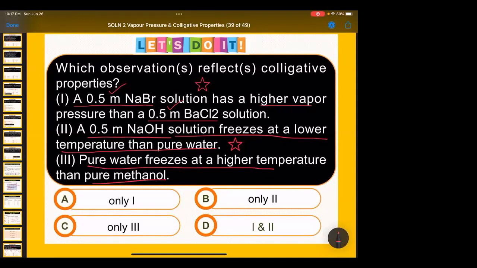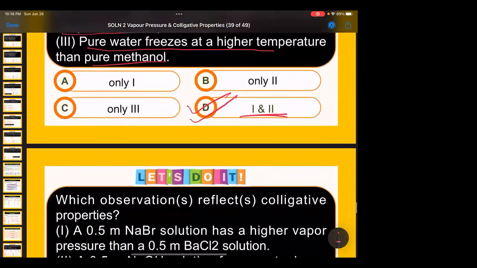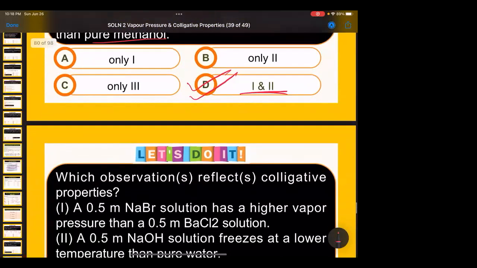That is due to intermolecular forces. These are two different pure solvents, not solutions. So this is not a colligative property. So which observation reflects colligative property? The right answer is going to be the first option. Is it clear to all of you? Yes, sir. Okay, very good.